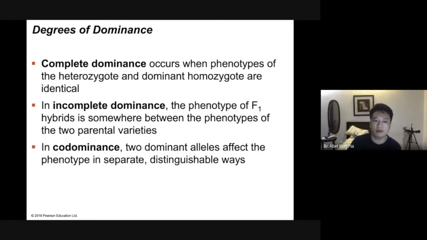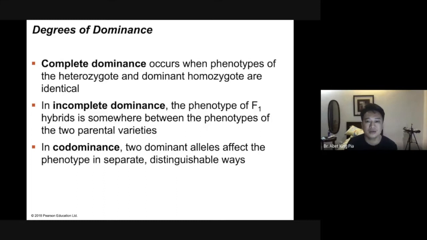Ito yung sinasabi ko kanina, yung example niya is, yung phenotypes na ine-expect mo is white and red, pero bakit may pink? Ayan. So that's incomplete dominance, or minsan ginagamit ko yung term na mixing of colors kung color yung pinag-uusapan, or mixing of traits.